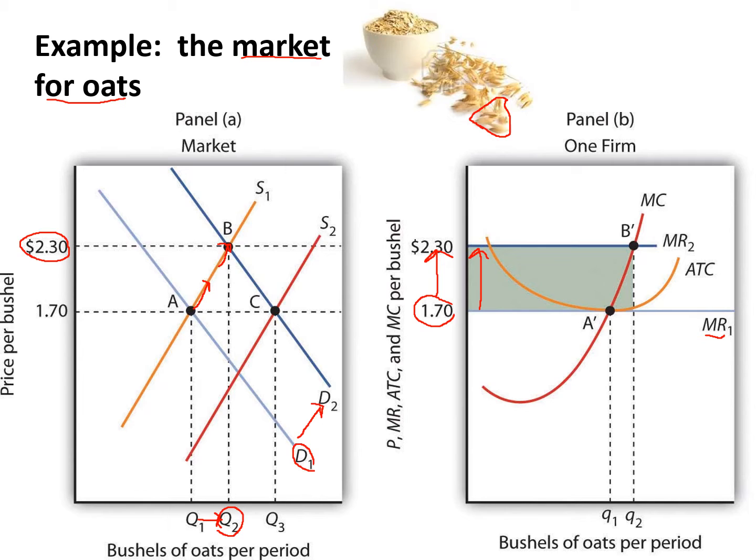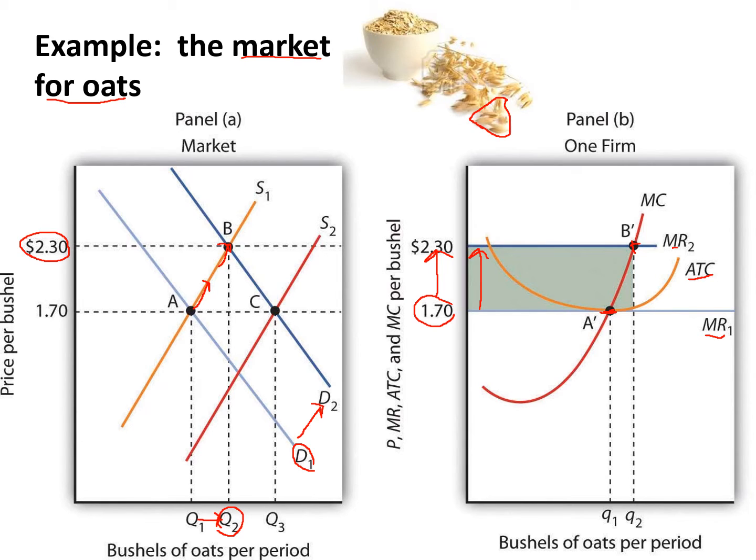Okay, so they were making zero economic profit here, because their average total costs were equal to their marginal returns. But at this new price, they increased their production until their marginal costs again are equal to their marginal returns.